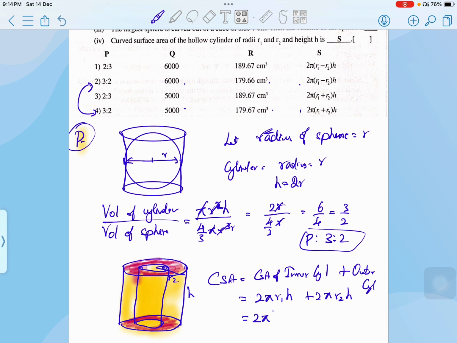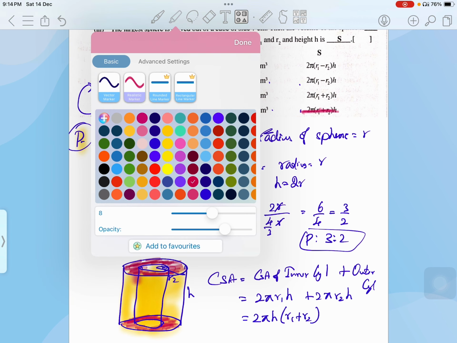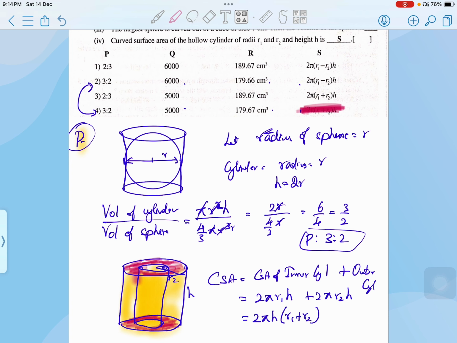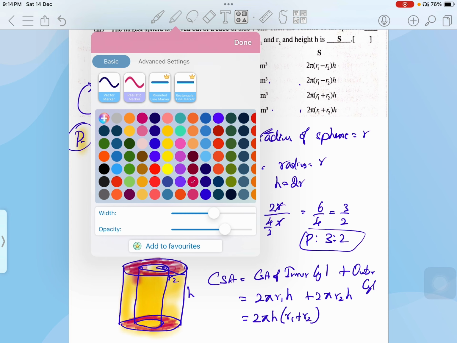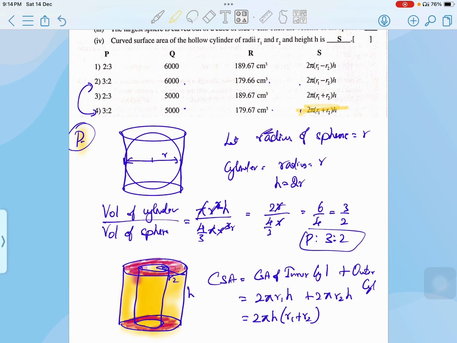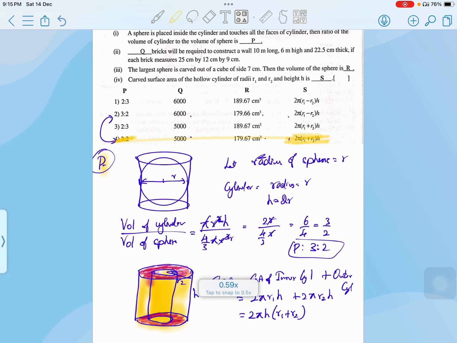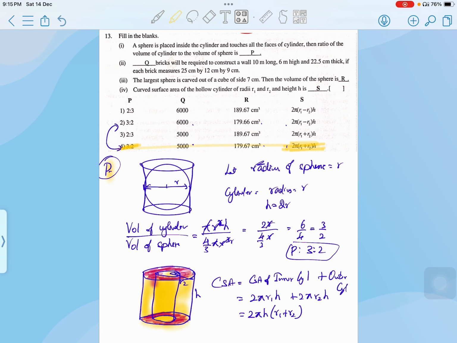If I take 2 pi h common, r1 plus r2. So by this we can say this is our option, option D. You can similarly check options Q and R as well.